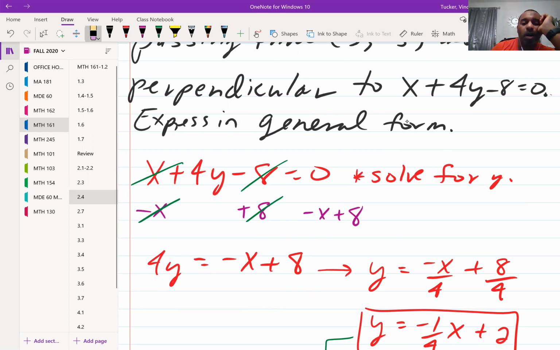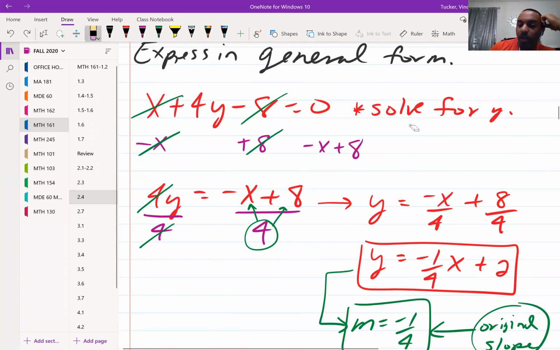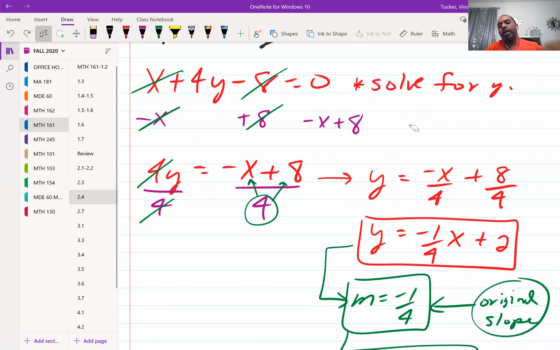So that'll be 4y equal to -x plus 8. Then divide by 4. That would be y equal to -x over 4 plus 8 over 4. And that means I have my equation as y equal to -1 over 4 x plus 2.